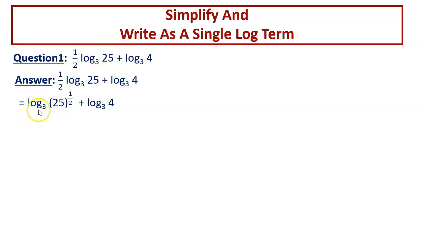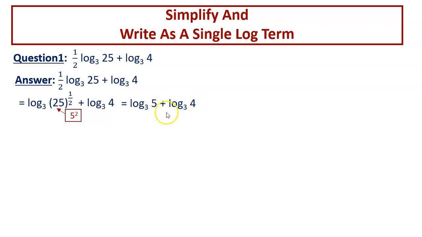So it becomes log of 25 to the power of half, to the base 3, plus log of 4 to the base 3. And what is 25? 25 is 5 square. So it is 5 square raised to the power of half. Therefore, this will be log of 5 to the base 3 plus log of 4 to the base 3.